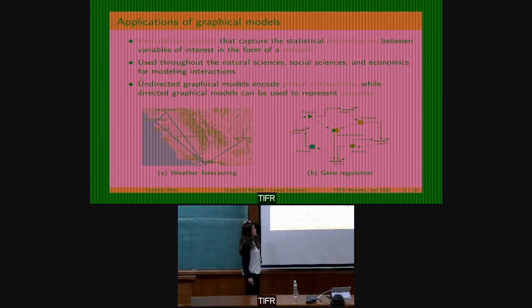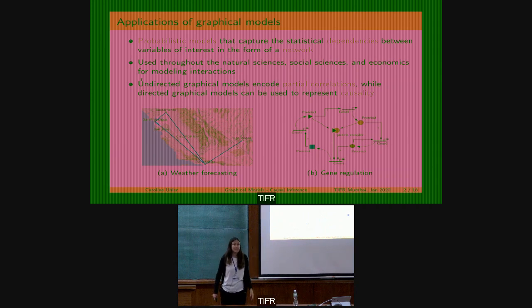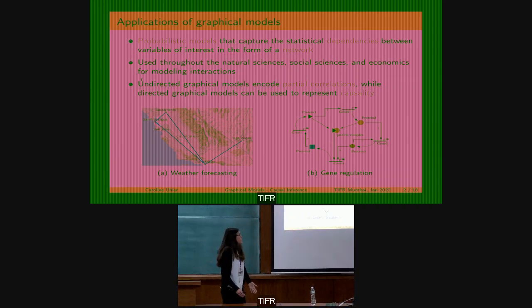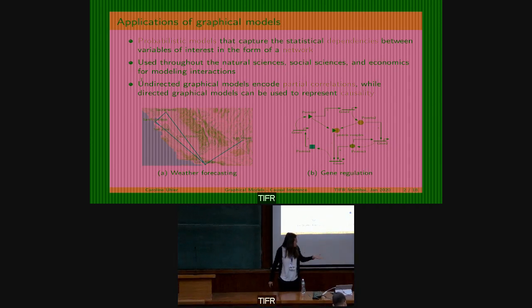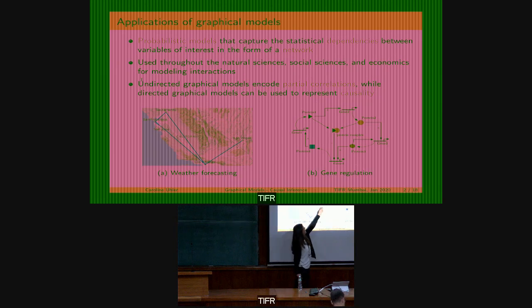For example, if you're thinking about weather forecasting, undirected graphical models are used a lot because you cannot intervene on the weather, right? So it doesn't even make sense to think about something causal when you're thinking about the weather, because I cannot intervene on the weather in, say, Las Vegas and then see how it changes the weather in LA.